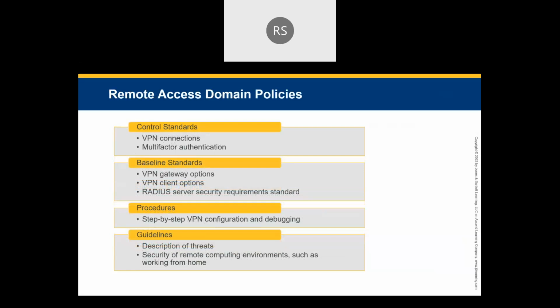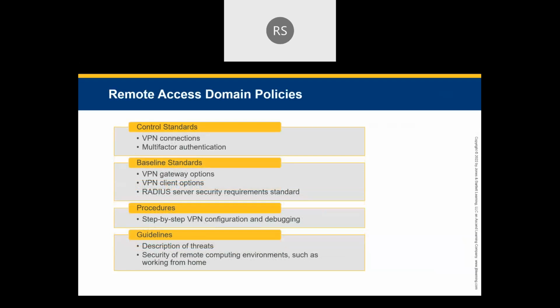The remote access domain covers policies and procedures that govern secure access to organization resources from remote locations. So, with the increasing trend of remote work, and the need for employees to connect to corporate networks from outside of the office, it's important to establish a robust policy to ensure the security of remote access.